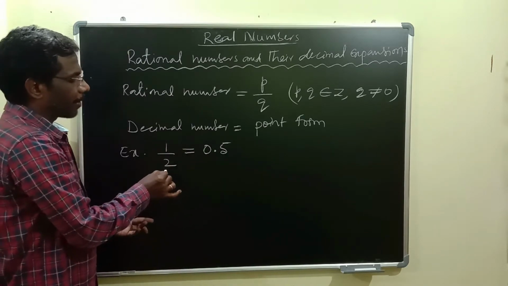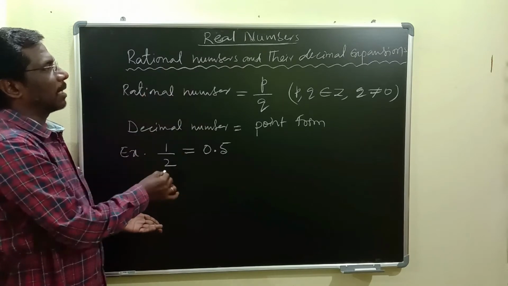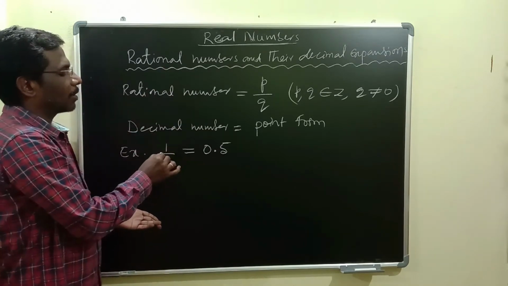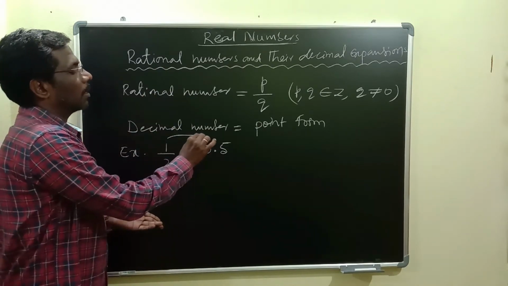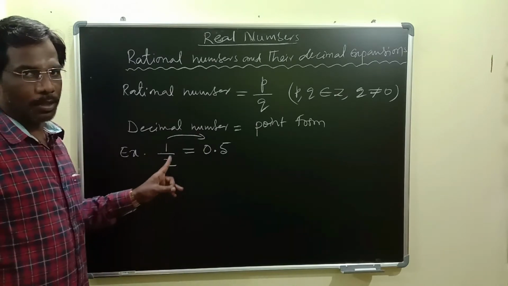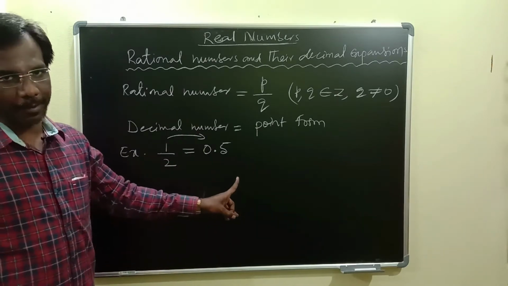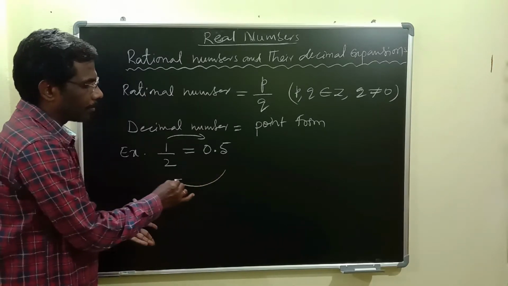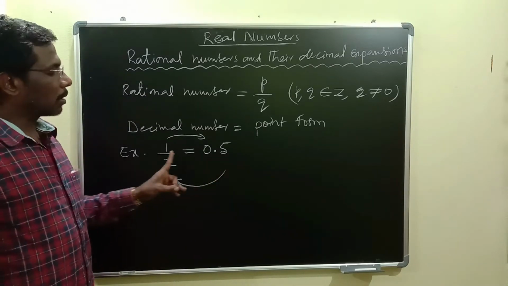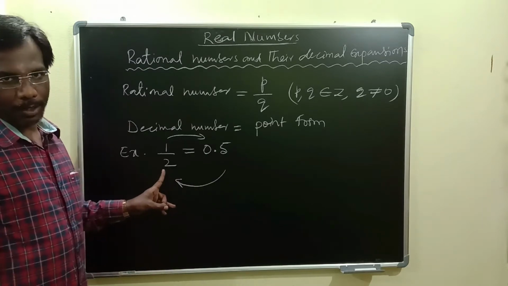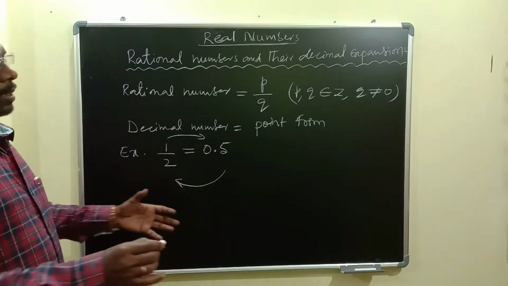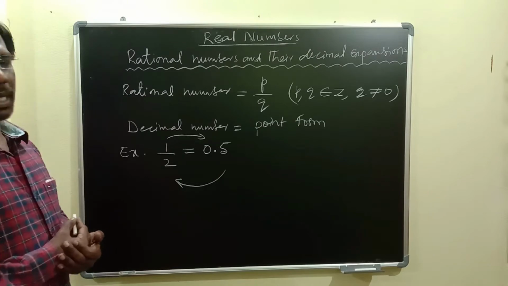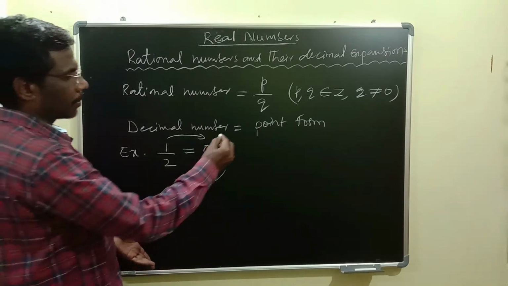If the rational number is converted into decimal form, it is 0.5. If the decimal number is converted into fraction form, 0.5 is equal to 1 by 2.